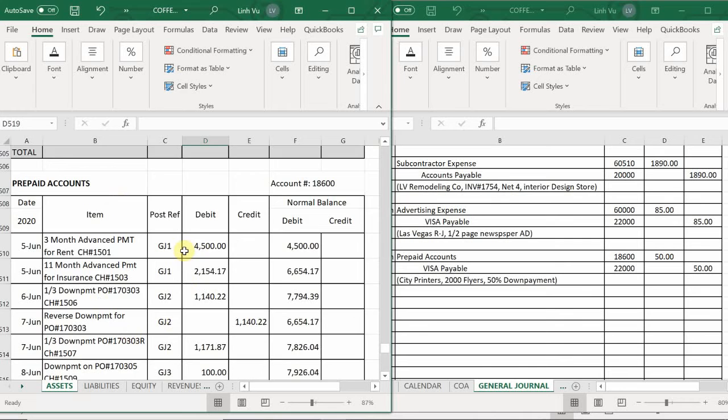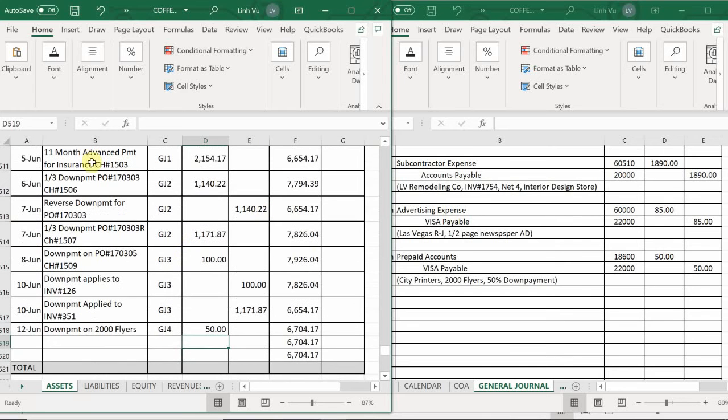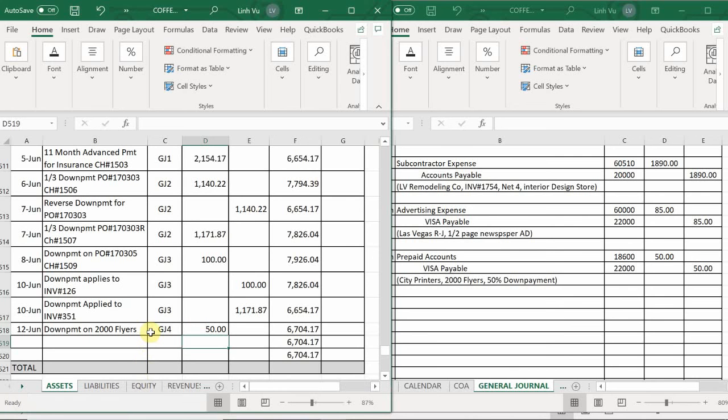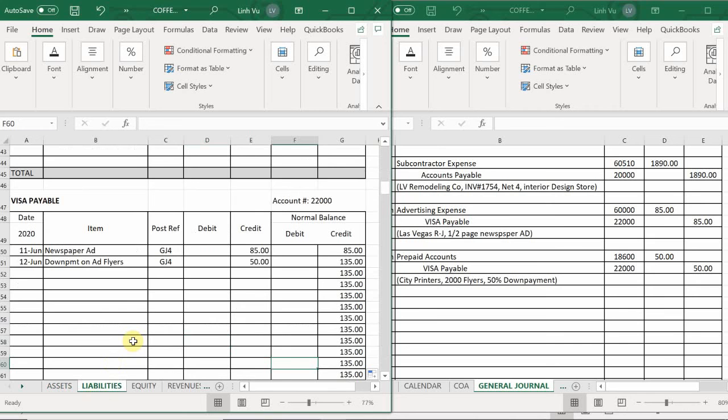I need to do the prepaid for the advertising, and then I need to go down to my liability account to fill in my credit card information. Okay, so you have that one, right? And your liabilities for your credit card is $135.